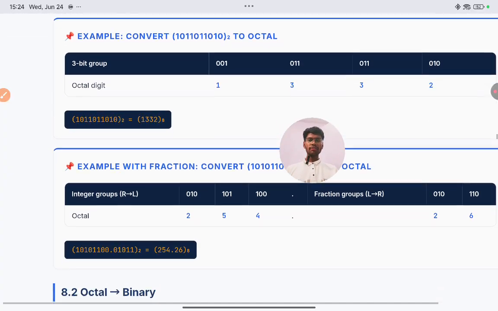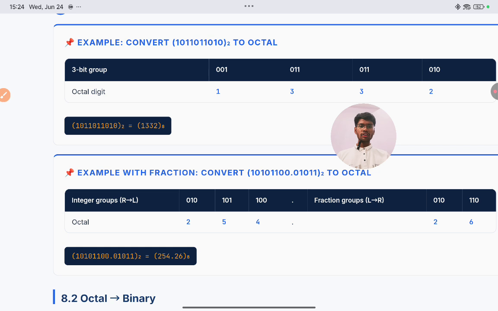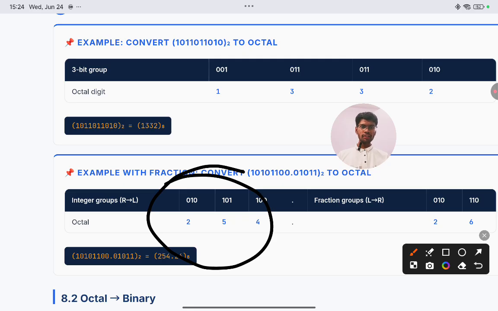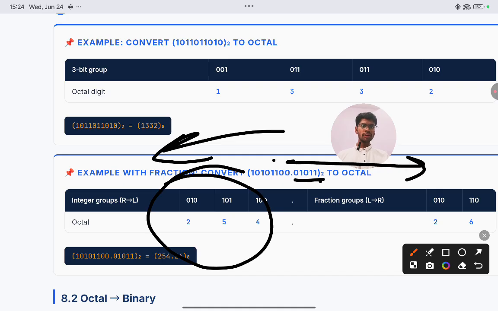If we have a fraction part, we do the same thing as for the integer part. The integer part you group from right to left, but the fractional part you group from left to right.